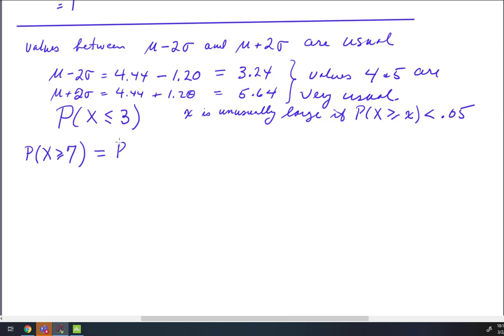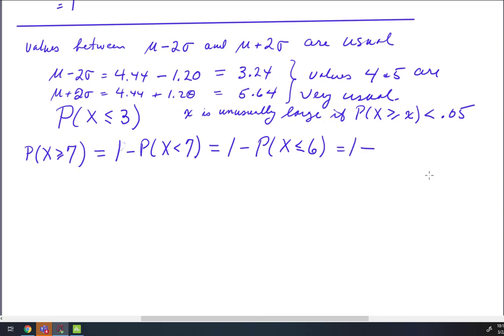This would be 1 minus the probability that X is less than 7. But X is discrete, and so if X is less than 7, well then X must be less than or equal to 6.